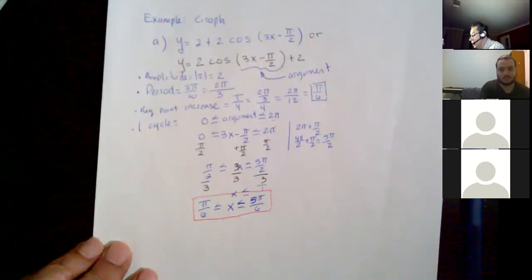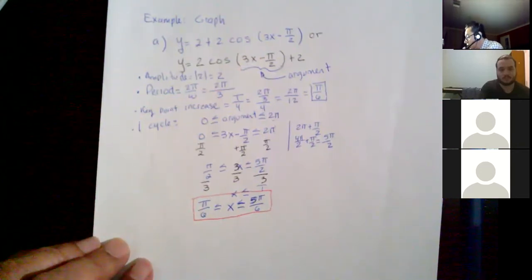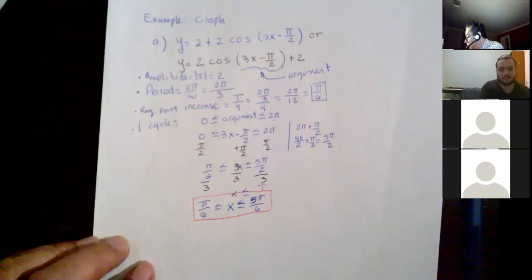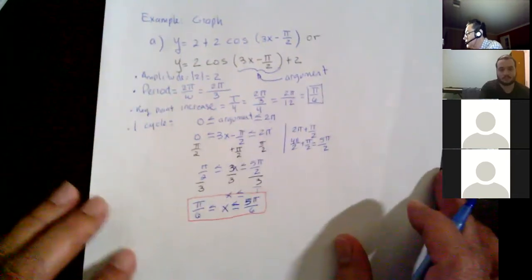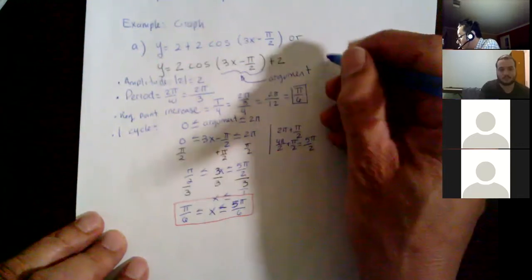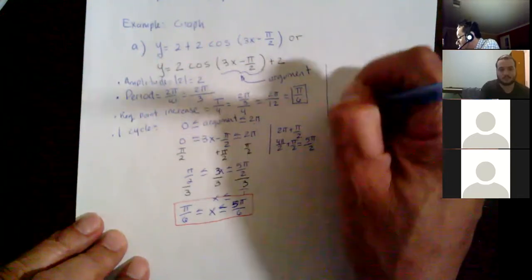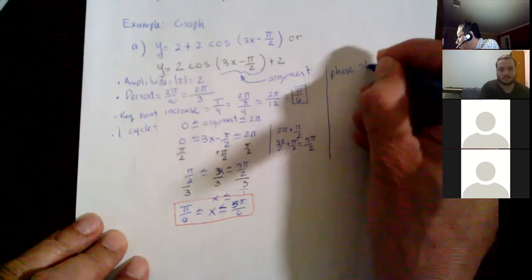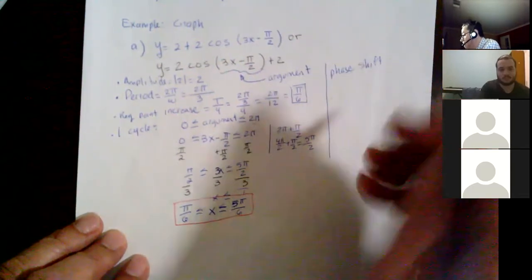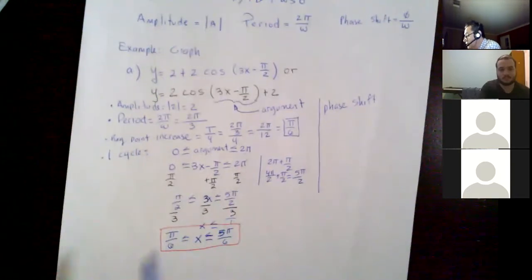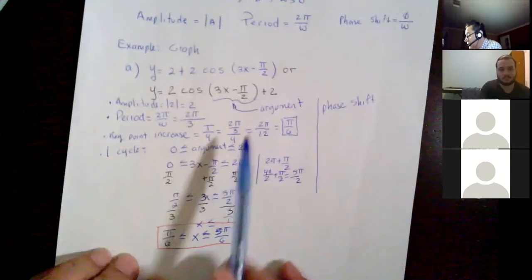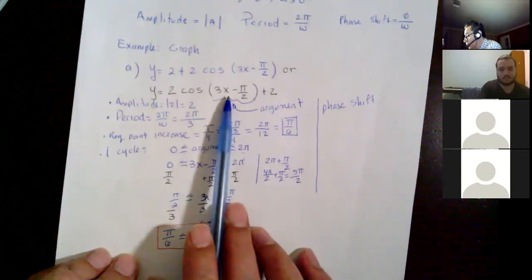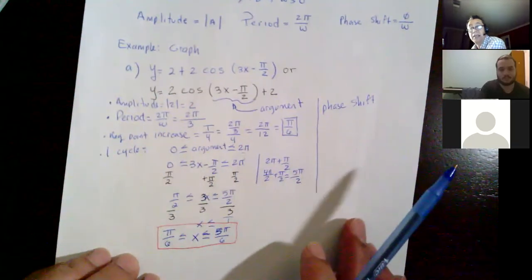A value that we didn't find that we can find, you know what, let's find the phase shift right here. All right, so be careful when you want to find the phase shift.